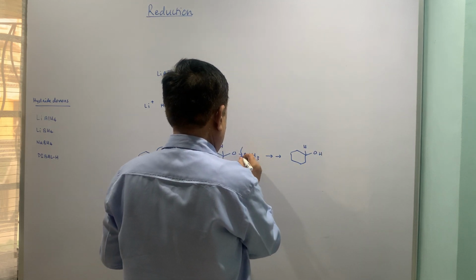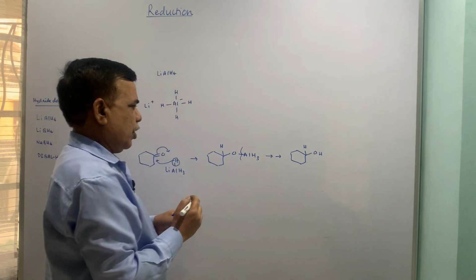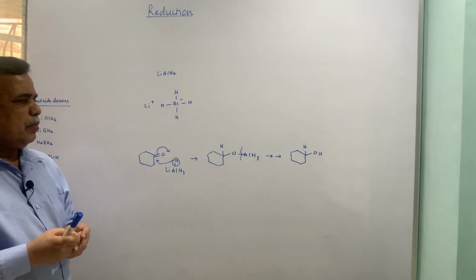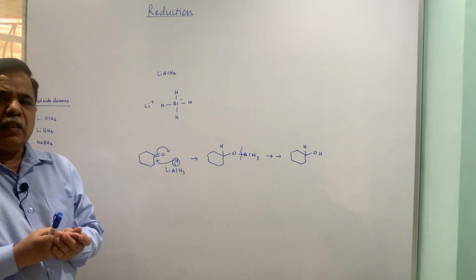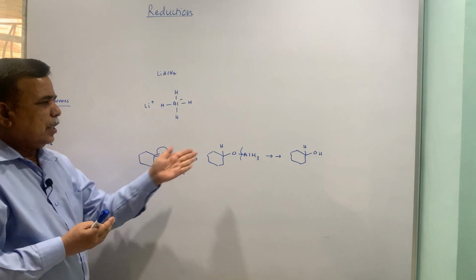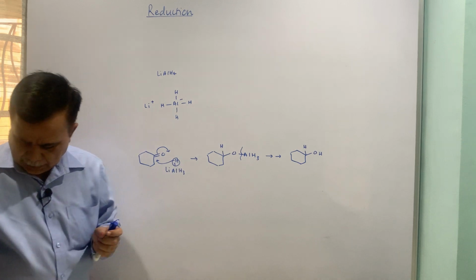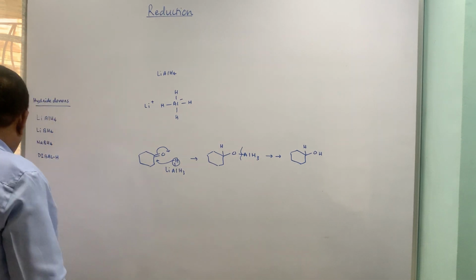So breaking of this bond is possible in acidic medium, because the oxygen metal bond is labile to acid, so you can get the alcohol accordingly.